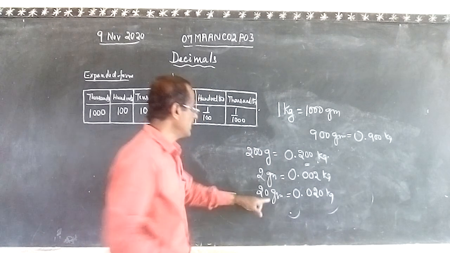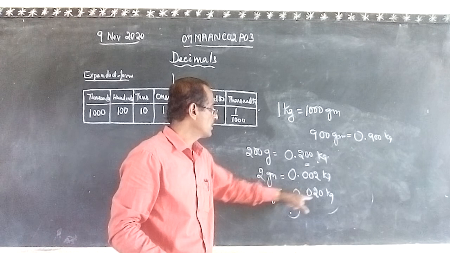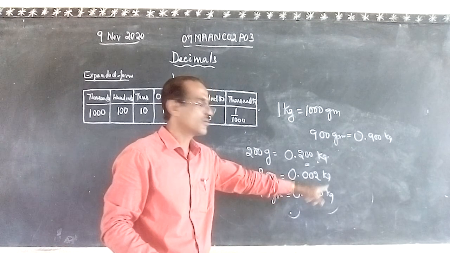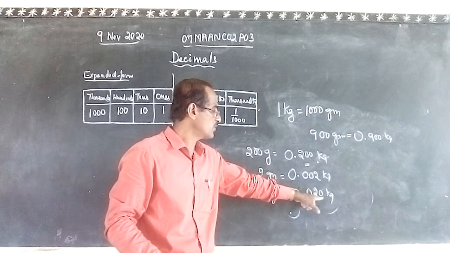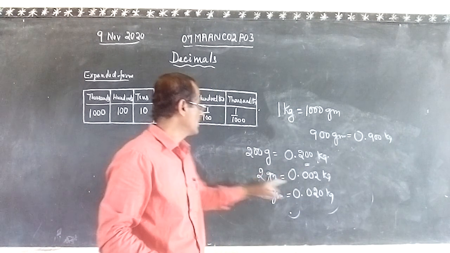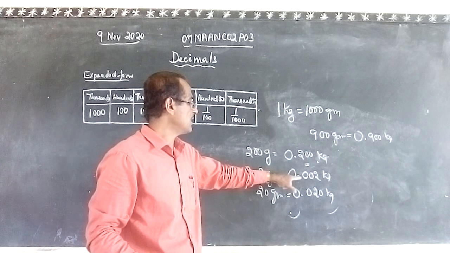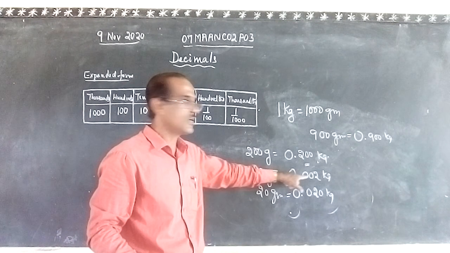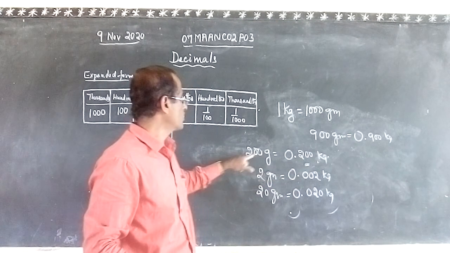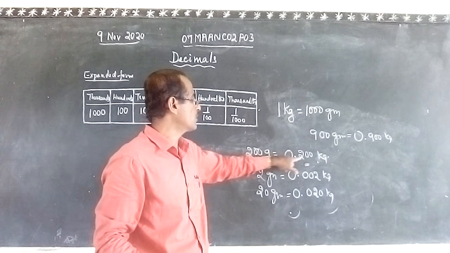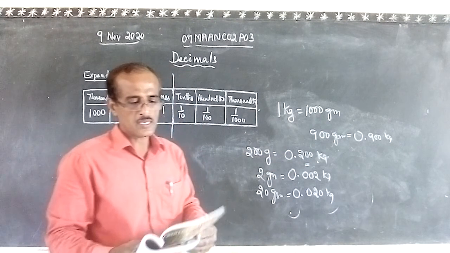The 0 you can write or it is not necessary to write, 0.02 kg. 2 grams we will write like this, 0.002 kg. Or 200 grams you will write as 0.200 kg. Like this you will write.